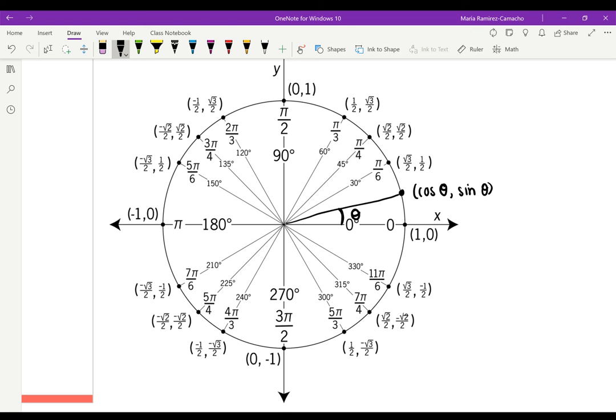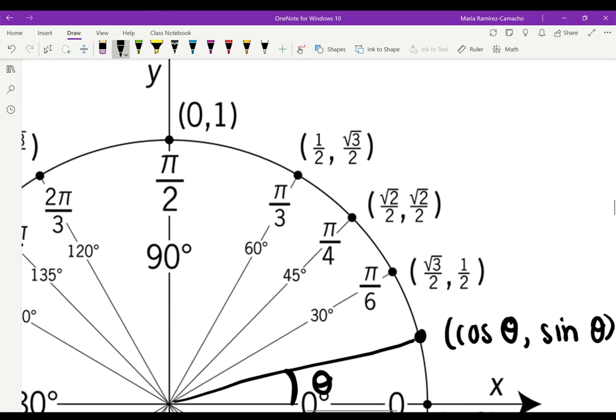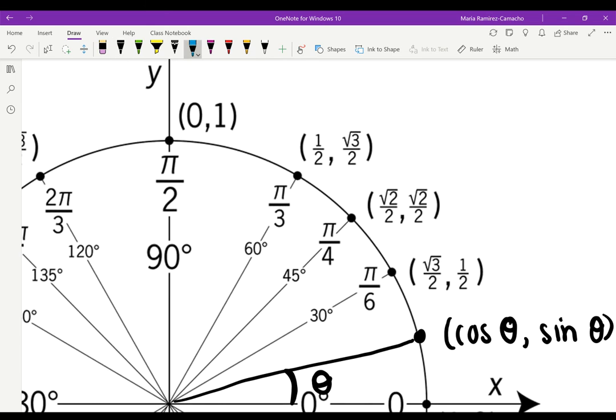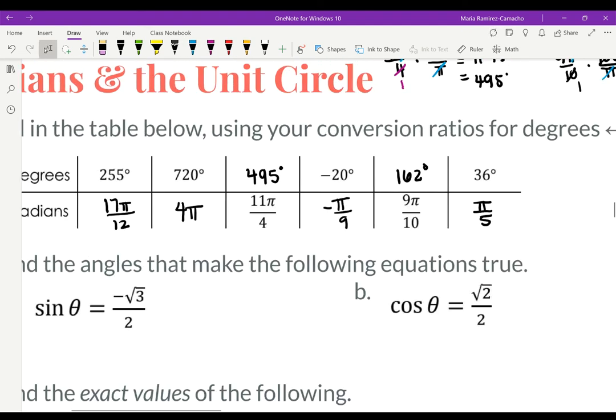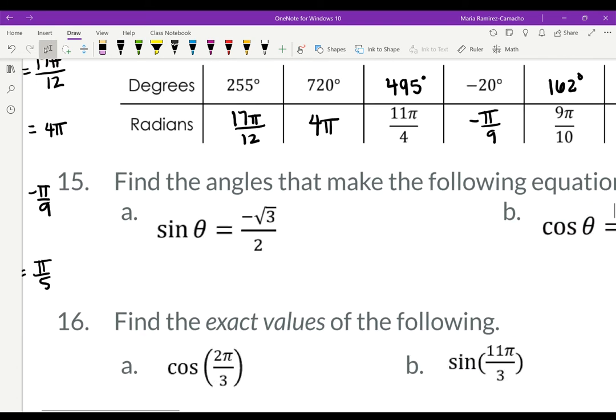So for example, if I zoom into pi over 3, these two values right here are just cosine pi over 3 and sine pi over 3. How does this help me find the answers to this problem? Well, let's look at the angles on the unit circle where the sine value is negative root 3 over 2.